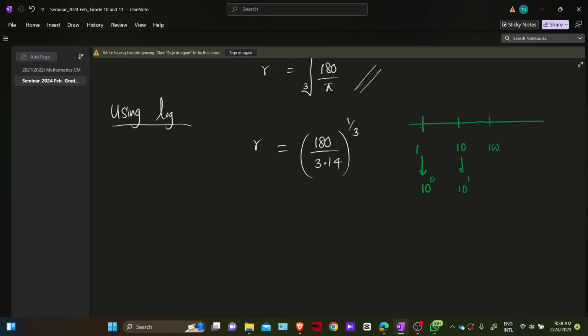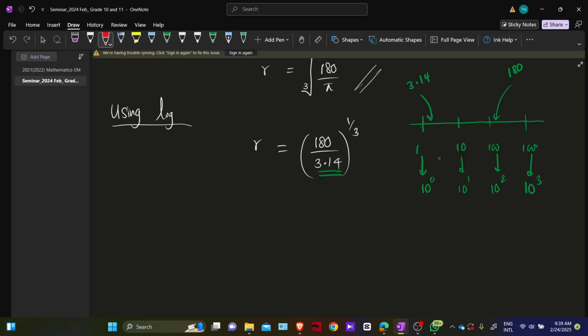What is 100? That will be 10 to the index 2. What is 1000? That will be 10 to the index 3. Now look here. 3.14 means somewhere here. 180 is somewhere here.